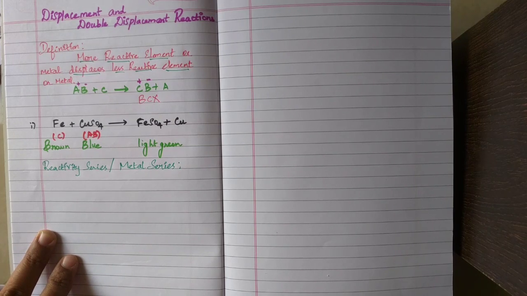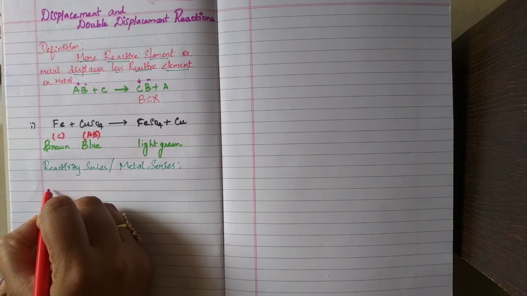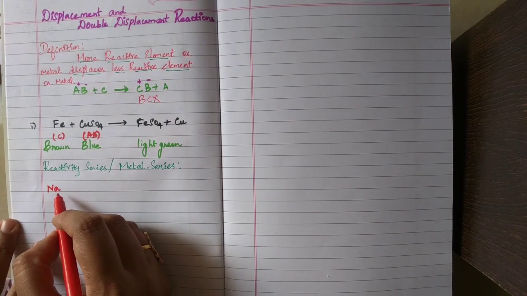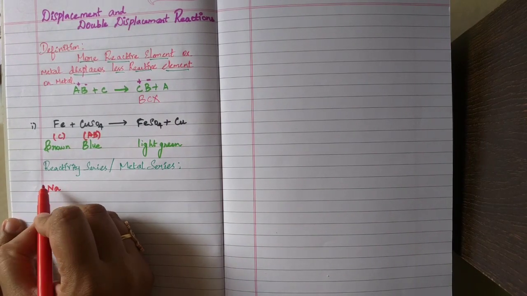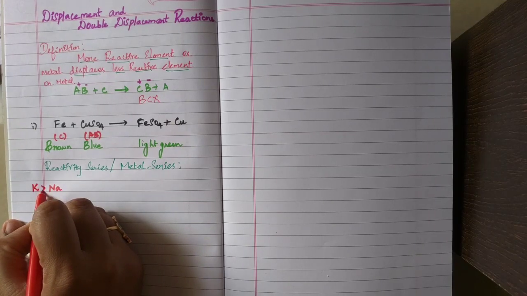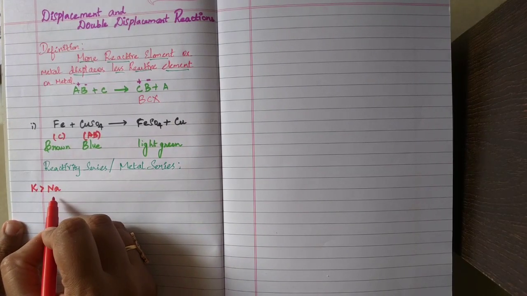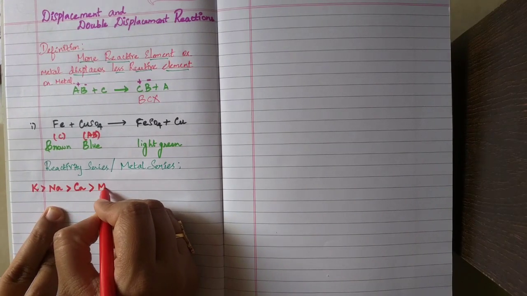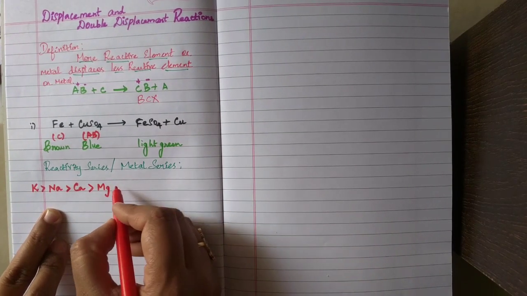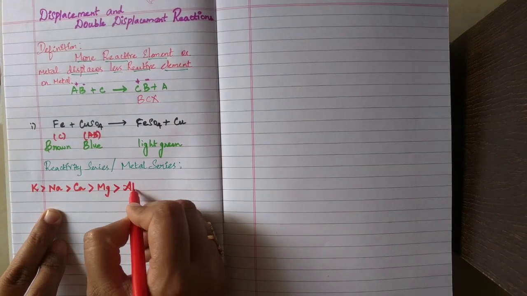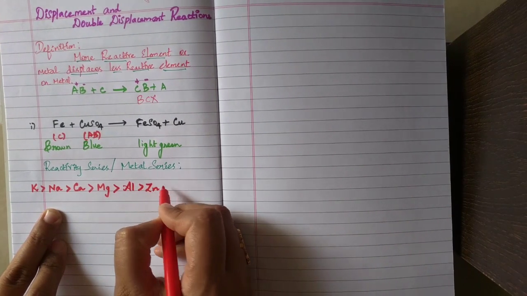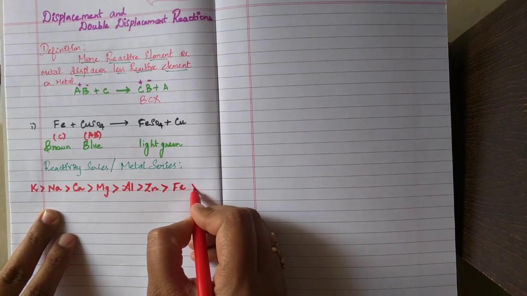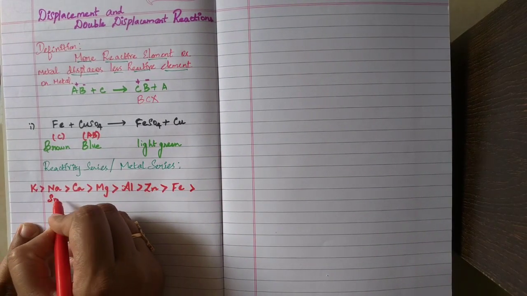First, sodium metal. Before that, potassium. So potassium is more reactive than sodium. Sodium is more reactive than calcium, then magnesium, then aluminium, then zinc, then iron, then tin, lead.